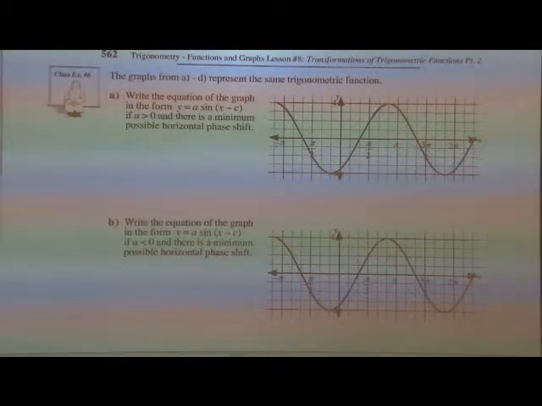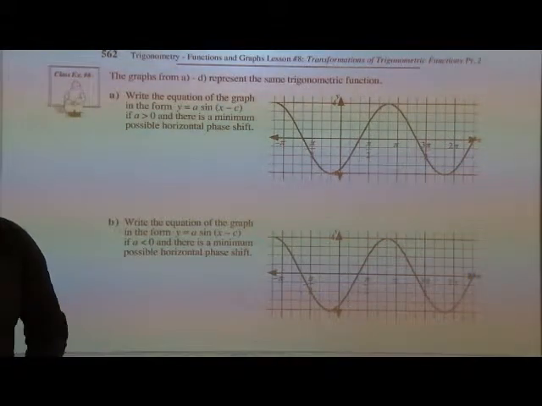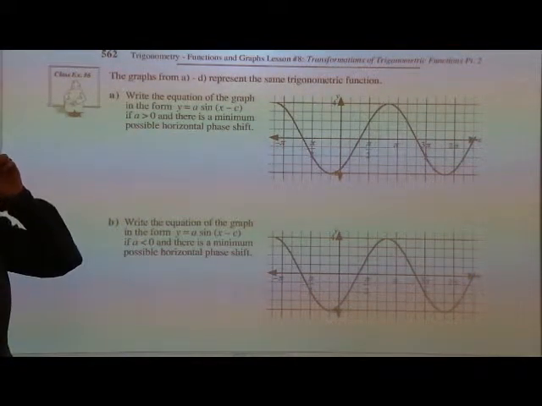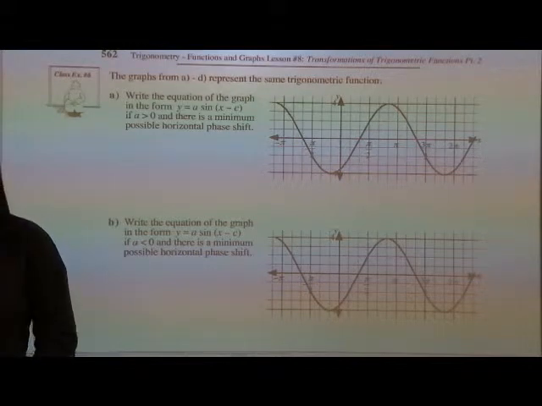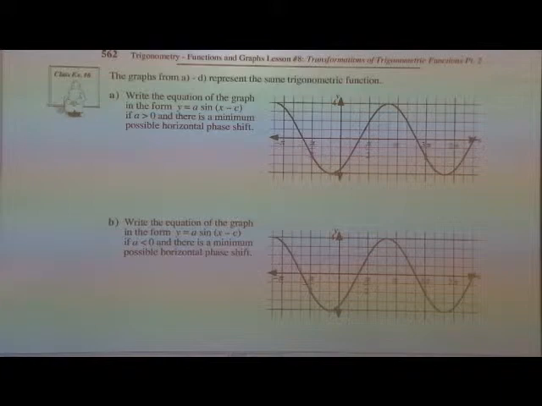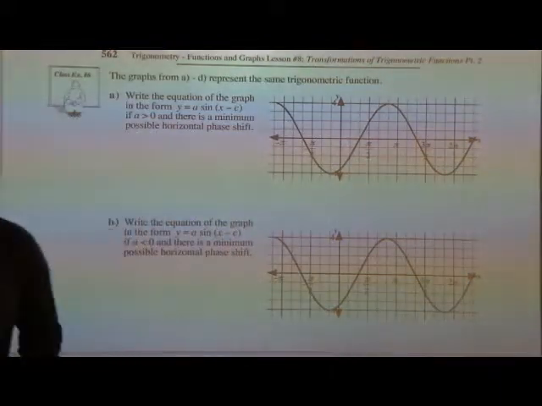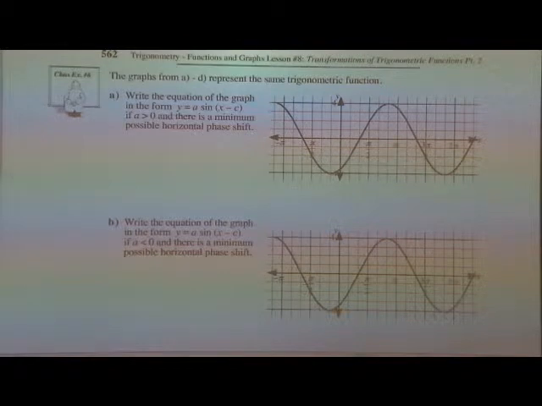So in the first question, we're told that the amplitude is positive. Okay? So the amplitude is positive. There's a minimum possible phase shift. So we're trying to take the shortest distance to move this graph. And we want this graph to be a sine graph. So let's start with the amplitude.